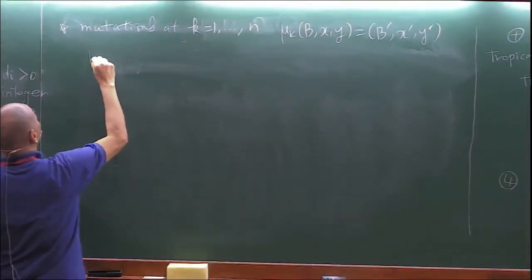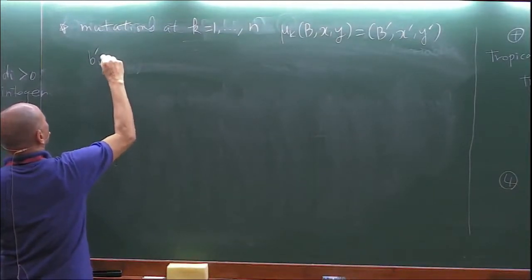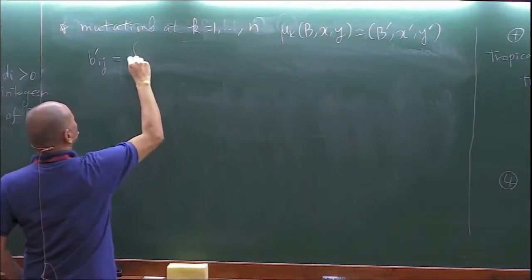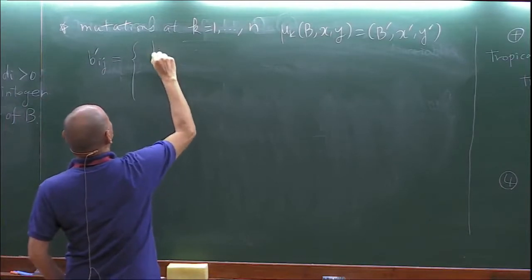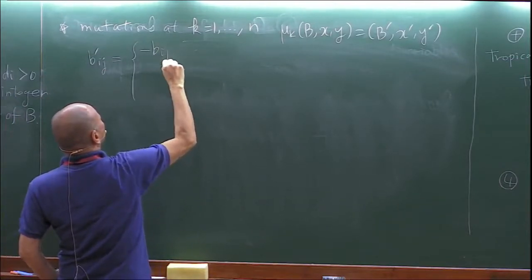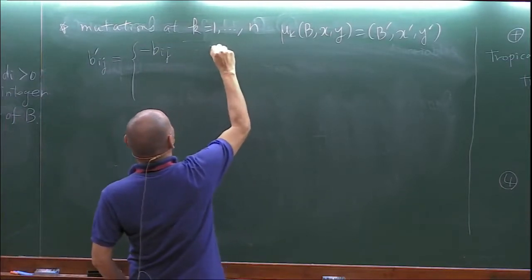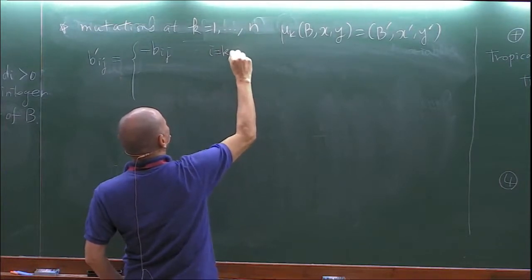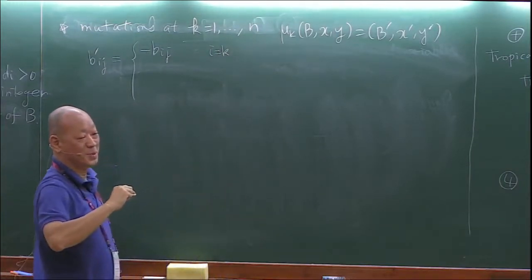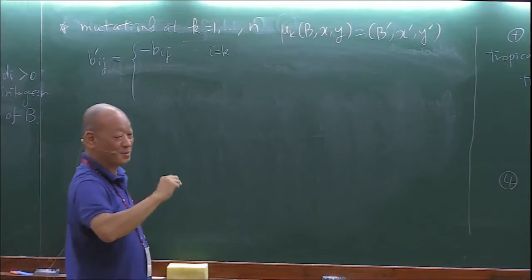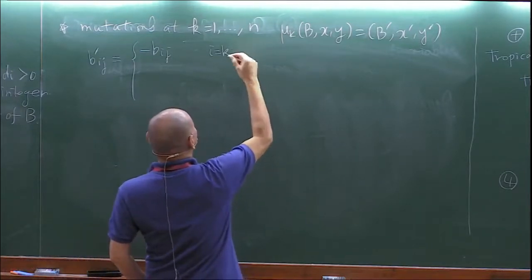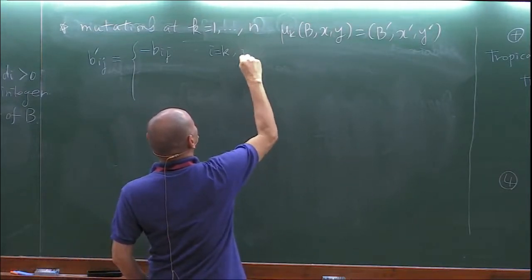For B prime, there is a formula, which I will just write down. You don't have to remember this at this moment, but if you want to study cluster algebra, it's better to remember it, because it's basically the only thing you need to remember.